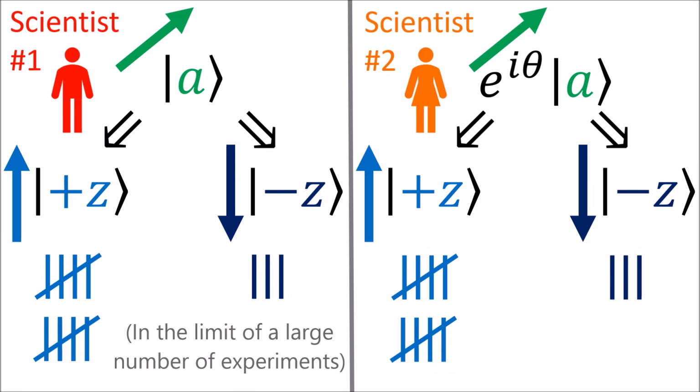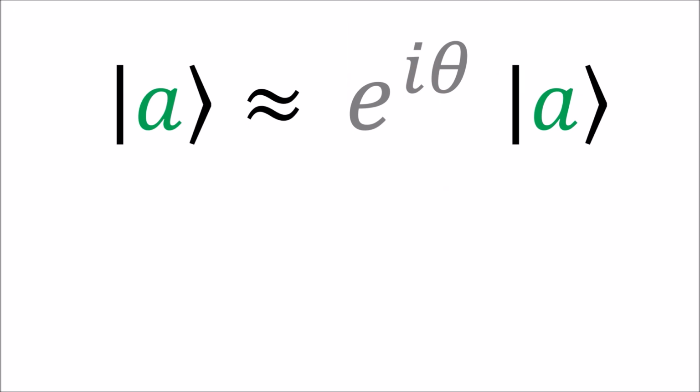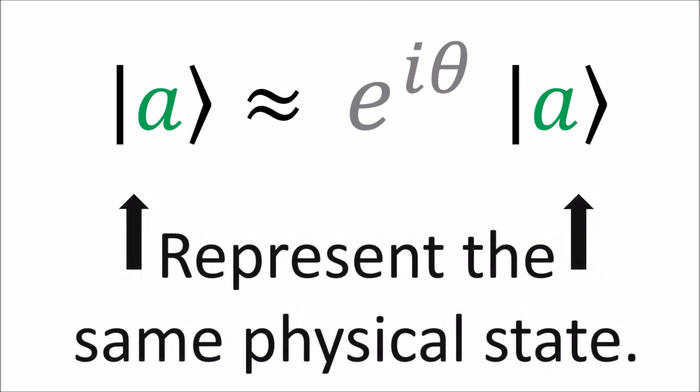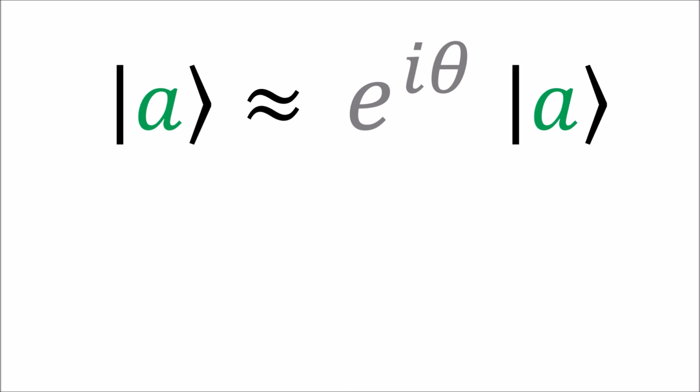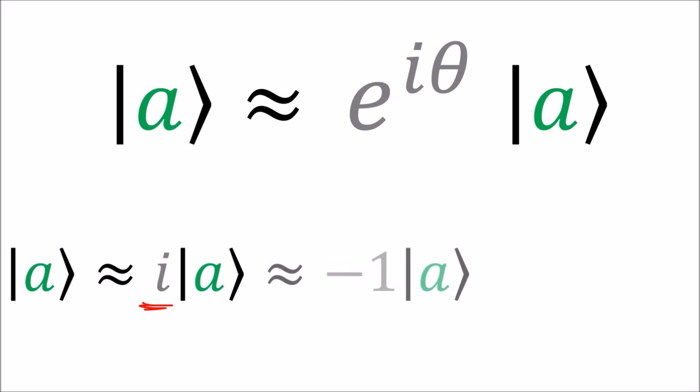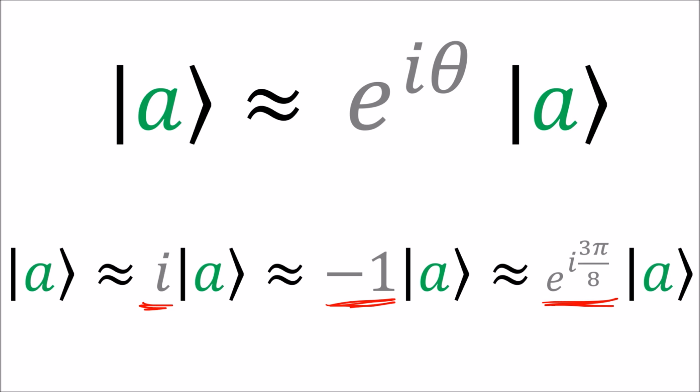So physically speaking, state A and state A times phase are actually the same physical state. Even if the vectors look different, the two vectors give the exact same physics. So in quantum mechanics, a physical state is unchanged when we multiply its vector by an overall phase, such as i, -1, or any other complex phase.